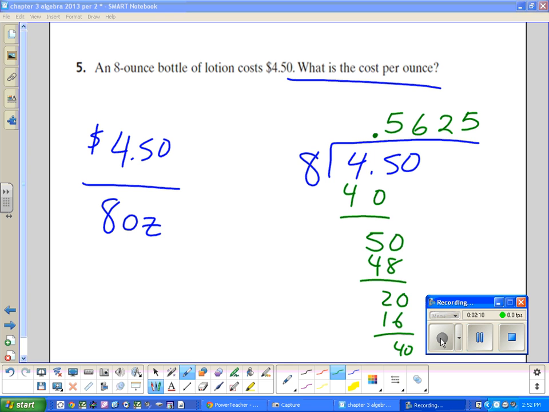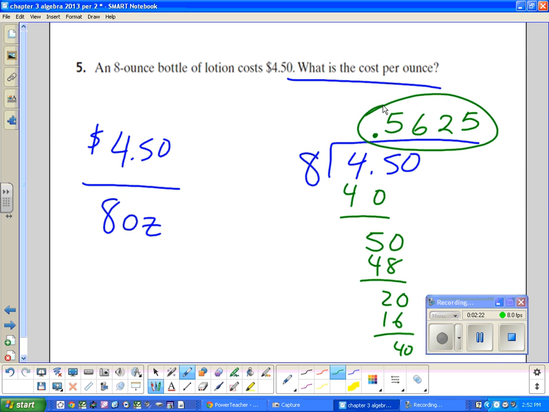When we do that division, we get this answer over here. And we're looking for price, so we're going to round to the nearest cent. So we can round that to 56 cents per 1 ounce. So the unit rate is 56 cents per ounce.